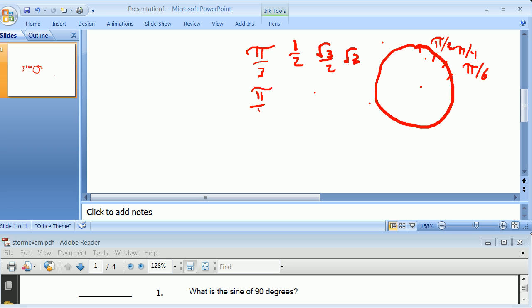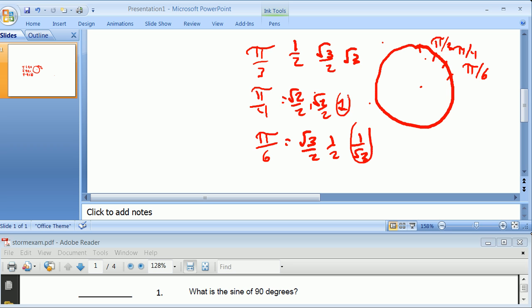For pi over 4, we have the square root of 2 over 2, the square root of 2 over 2, and we all know the tangent of 45 degrees is 1. And then for pi over 6, which is 30 degrees, it's the reverse of the 60 degrees, so it's the square root of 3 over 2 and 1/2 and 1 over the square root of 3 for the tangent. So these three values being the tangent.